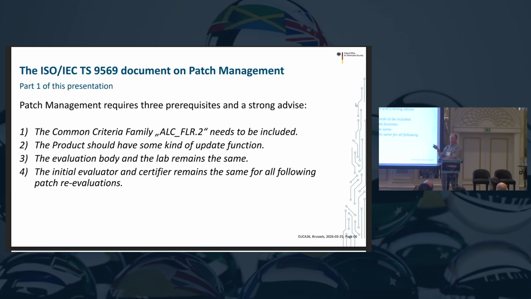This is the outcome of the pilot. It is that the initial evaluator and the certifier should remain the same as a team for all following patch re-evaluations. Because we have learned about each other, we have learned about the product, we know the product, so we can actually use this as another means of efficiency to speed up all the recertifications of patch management.